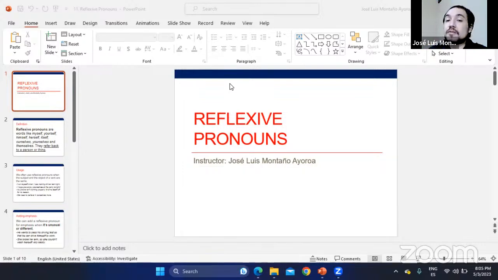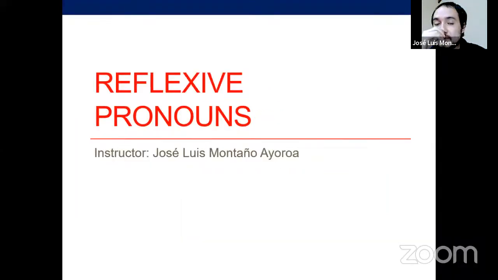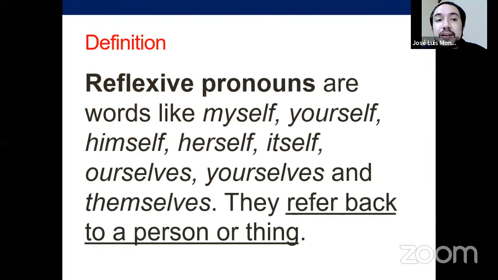Now, reflexive pronouns. Let's make this full screen, and we shall begin. Now, a definition. Reflexive pronouns are words like myself, yourself, himself, herself, itself, ourselves, yourselves, and themselves. They refer back to a person or thing.